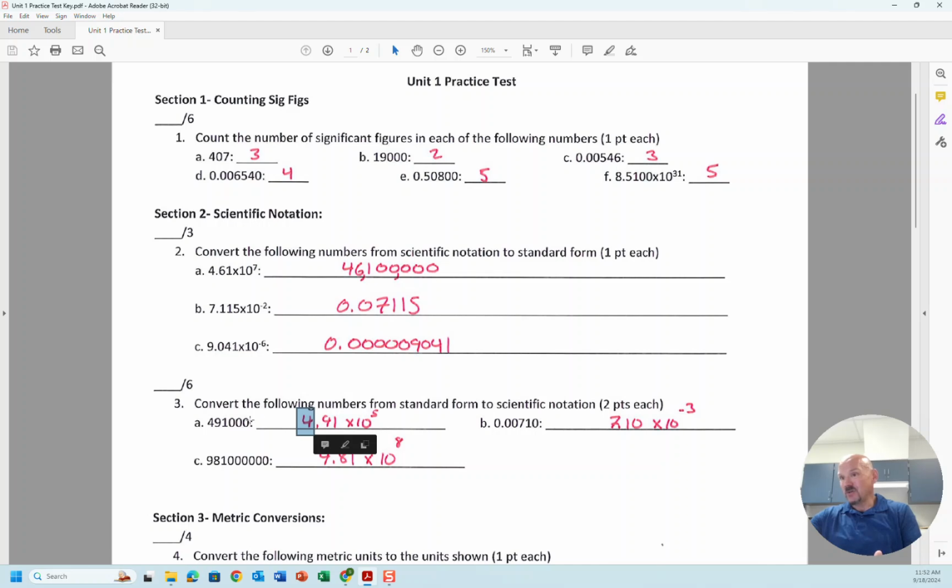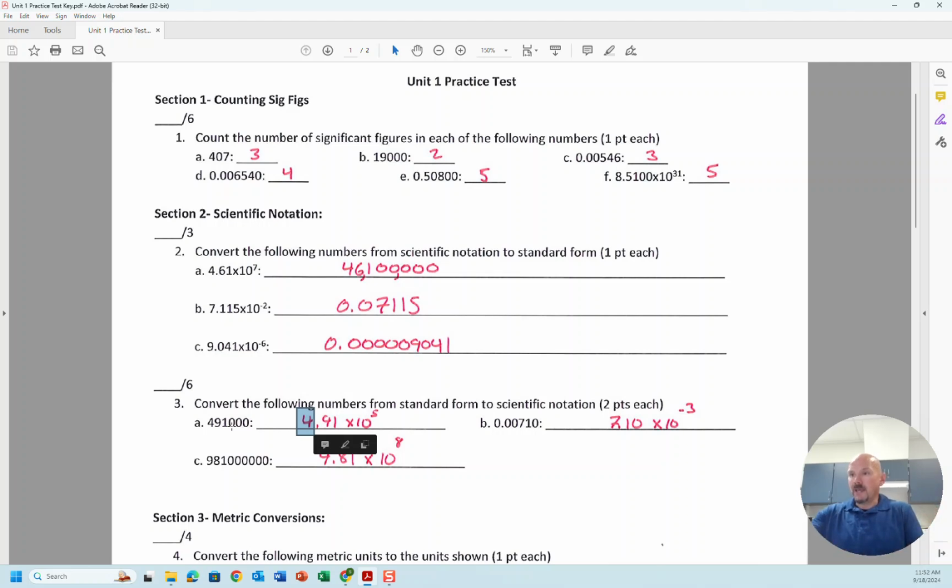So technically, you could move the decimal point over 1, 2, 3 spaces, and that would be 491 times 10 to the third. And 491 times 10 to the third is correct mathematically. It's just not correct in terms of proper notation.